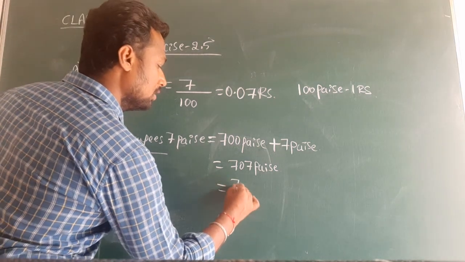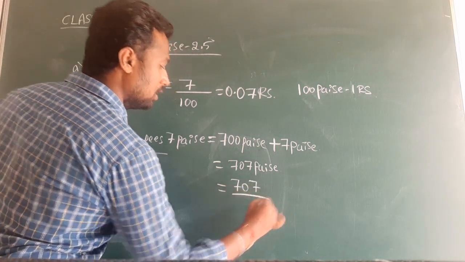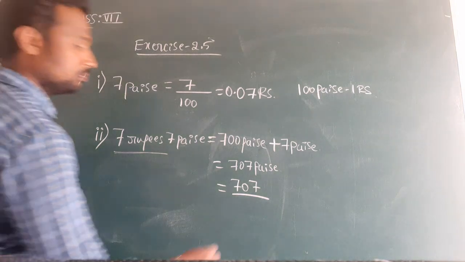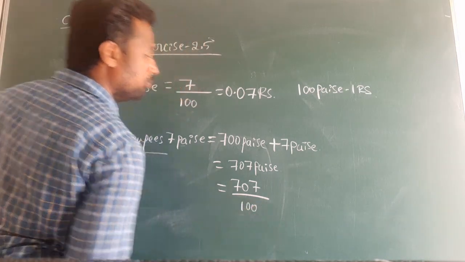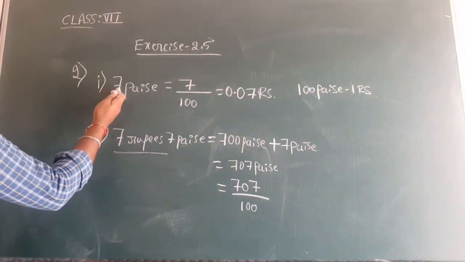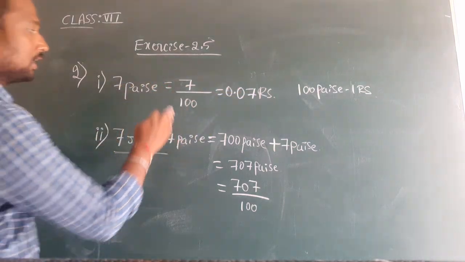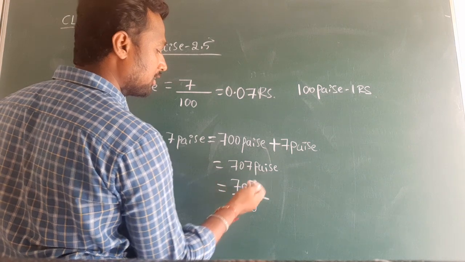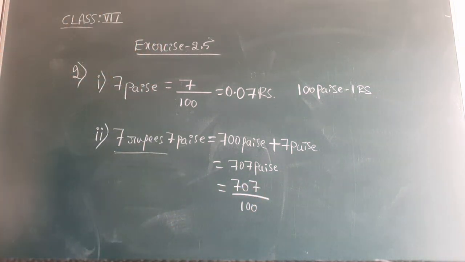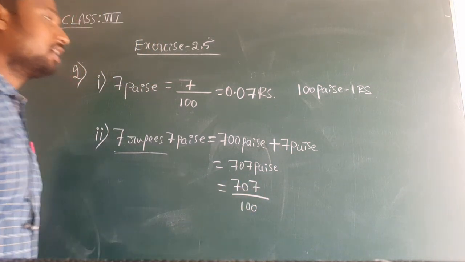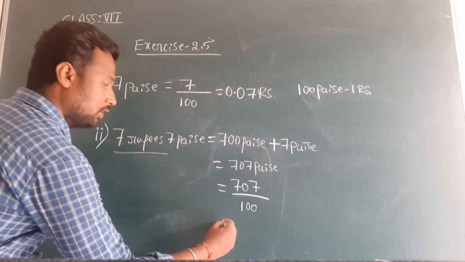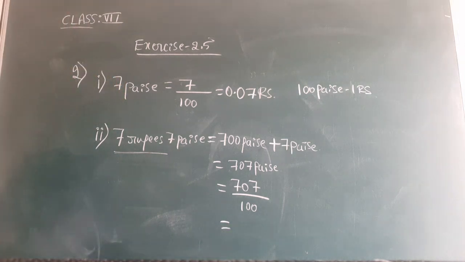How will you convert? 707 divided by 100, because like this only 7 paise we converted to rupees, 7 by 100. Therefore 707 by 100.